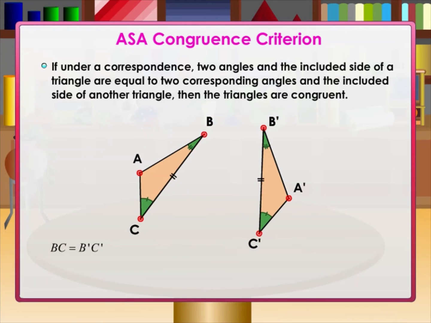The side BC is equal to the side B'C'. The angle B is equal to angle B'. The angle C is equal to angle C'. Therefore, by angle-side-angle congruency, the triangle ABC is congruent to triangle A'B'C'.